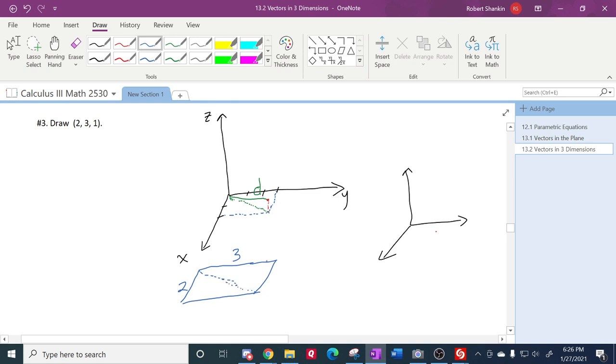These are really at right angles. They're just from perspective, they don't look like right angles. But this 2 is also over here. So this dotted line down here, we use the Pythagorean theorem. So this dotted line here is the square root of this squared plus this squared, 9 plus 4, so it's the square root of 13.